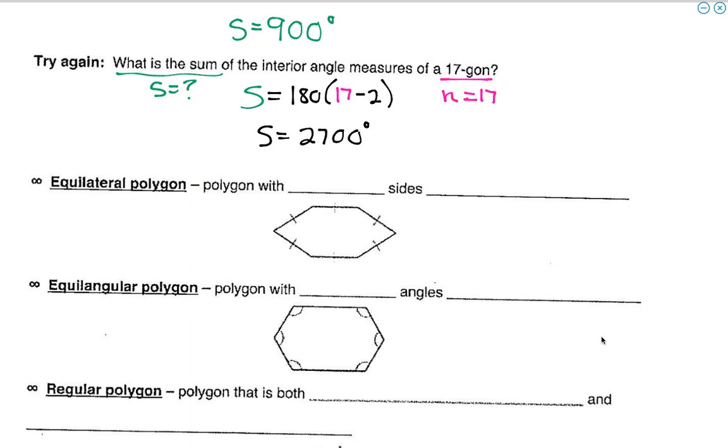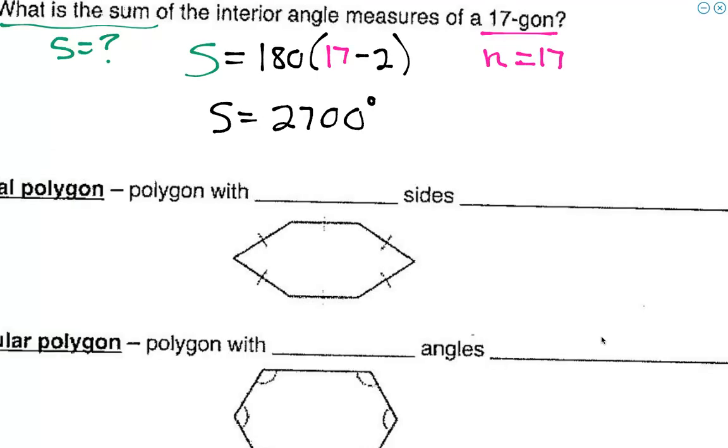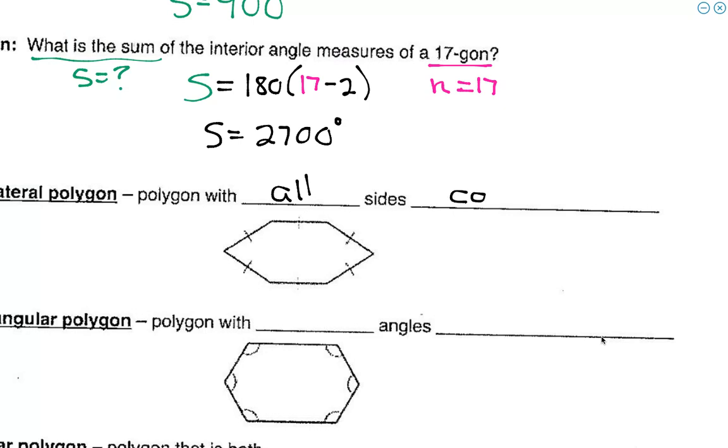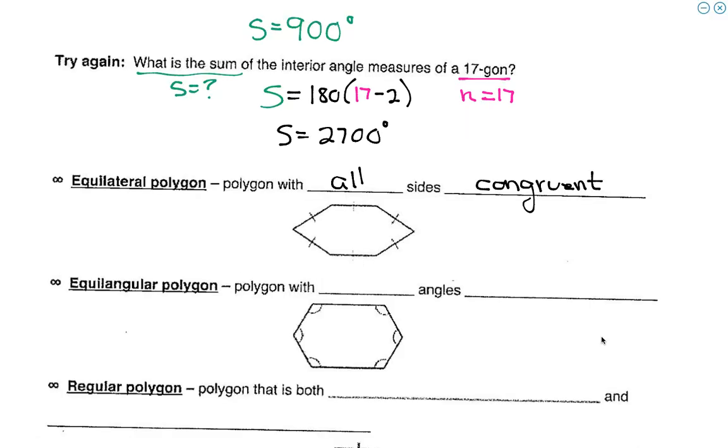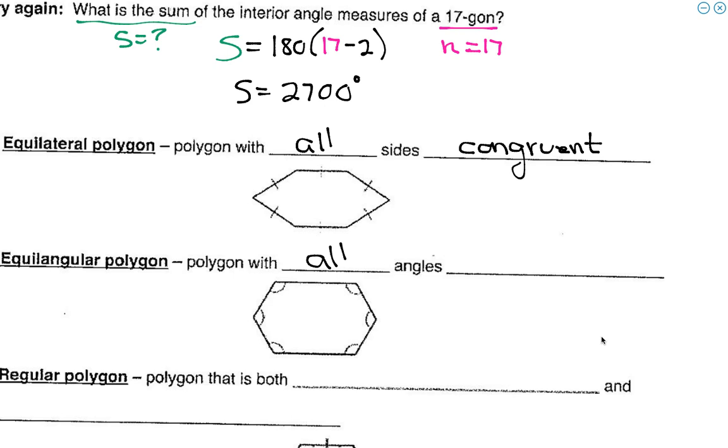All right, we have some vocab down below. An equilateral polygon is a polygon with all sides congruent. An equiangular polygon is a polygon with all angles congruent.